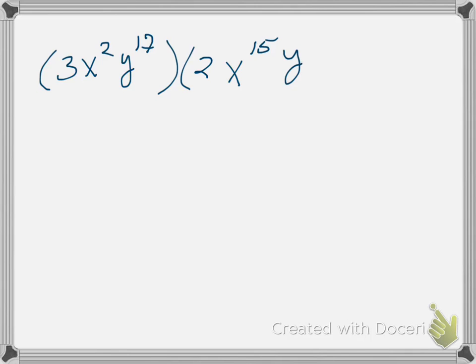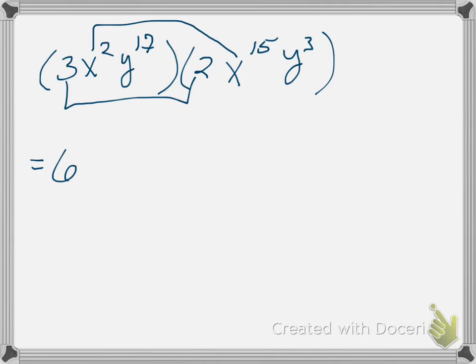Now, let's say that we gave you something like 3x squared y to the 17th times 2x to the 15th y cubed. Now, when we multiply things like this, 3 times 2 is 6.